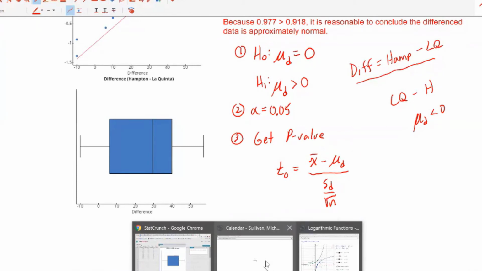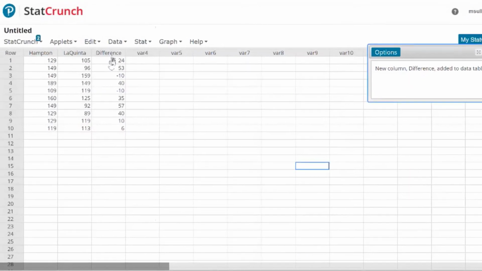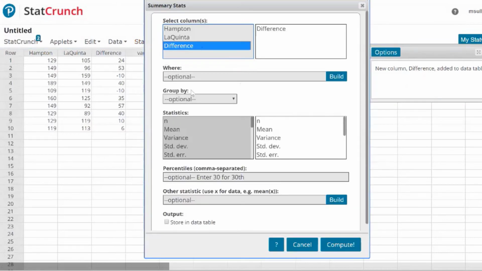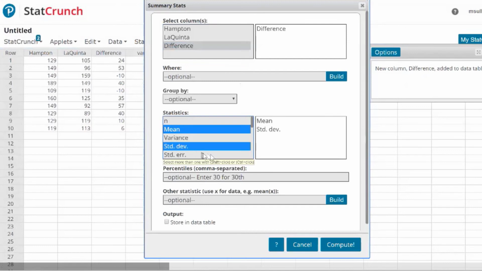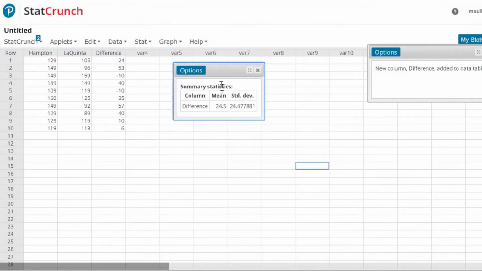So I'm going to go back to StatCrunch and find the sample mean difference and the sample standard deviation of the differences. I just go Stat, Summary Stats, Columns, pick the difference column, and choose mean and standard deviation. Click compute, and I get them.